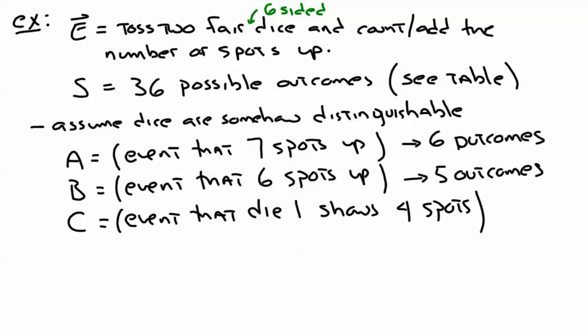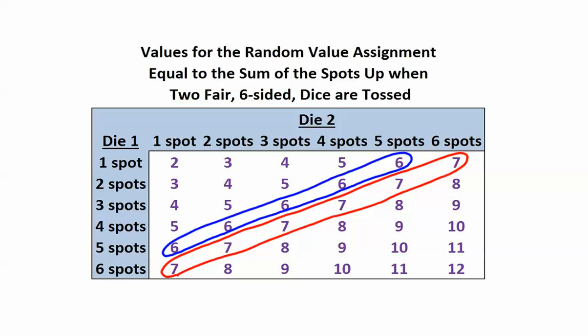Once again, there are 6 possible outcomes. What color have we not used? Green. Die 1 shows 4 spots up.